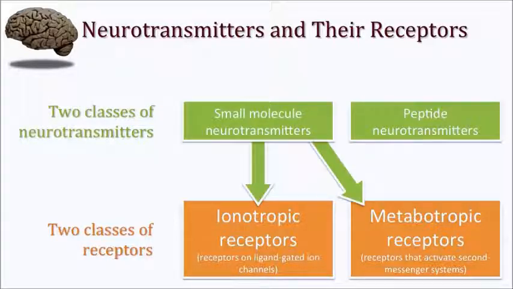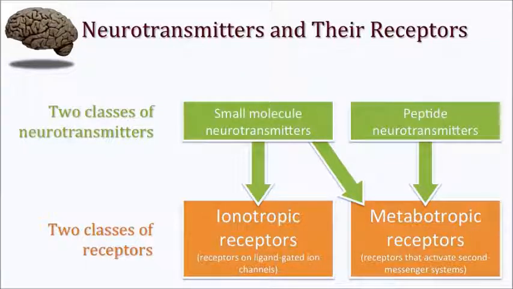Our small molecule neurotransmitters typically interact with both ionotropic and metabotropic receptors, although that may not be universally true of all small molecule transmitters. Certainly our major important neurotransmitters like glutamate and GABA interact with receptors from both categories, whereas our peptide neurotransmitters interact with metabotropic receptors.